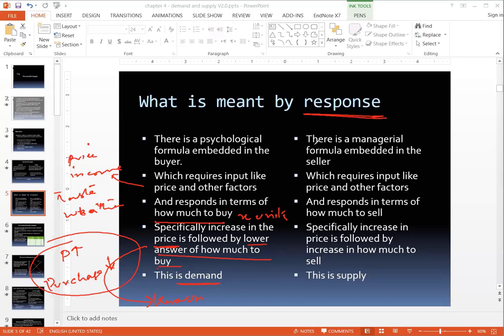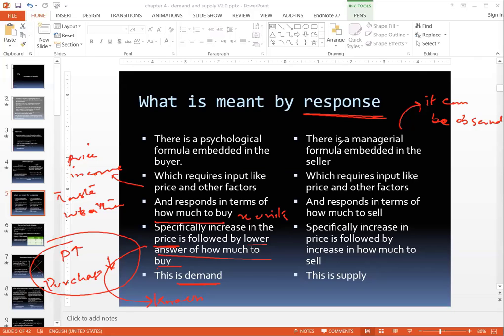Then for the case of the seller, there is a managerial formula. Why do I call it a managerial formula? Because it can be observed. We can see that formula because they have a calculator or an Excel sheet where they do this calculation. So it's a managerial formula embedded in the seller.